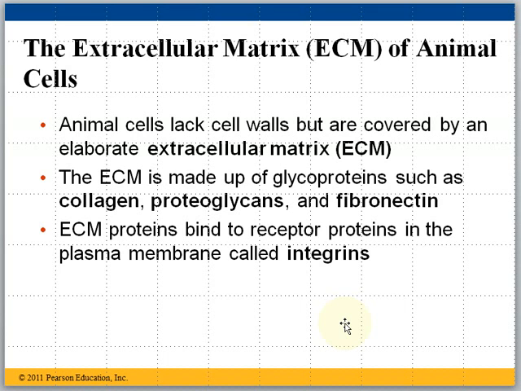So they don't have a cell wall, but they have this mixture of material that glues them and holds them all together. Within this extracellular matrix, there are different proteins that bind to the surface of the cell membranes. So you end up with this giant conglomeration of material that holds the animal cells together.